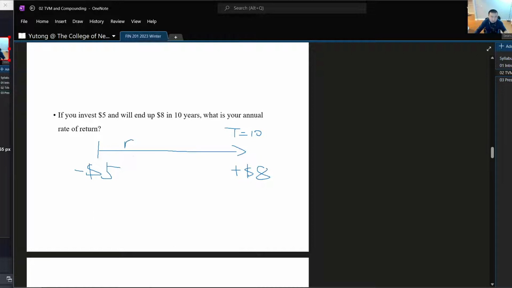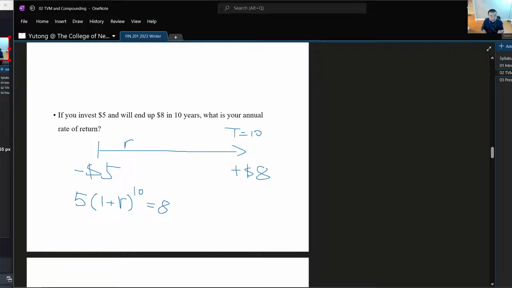What's your R? So 5, that's our initial investment, times 1 plus R. This should give us the end of year 1 future value of this 5. And if I raise it to the power of 10, it should give us the end of year 10 future value of the $5. And I have to equate it to 8.